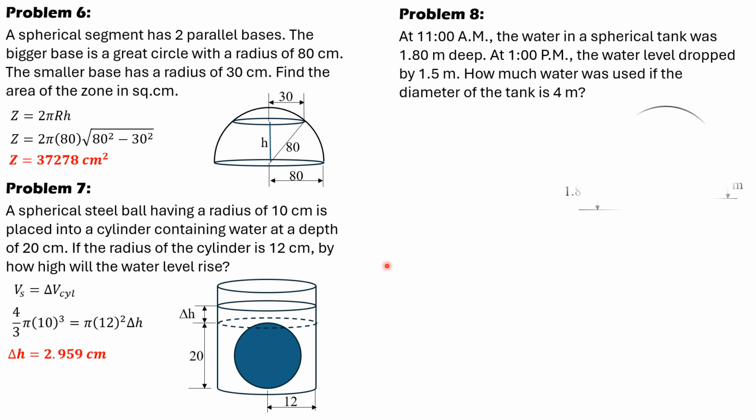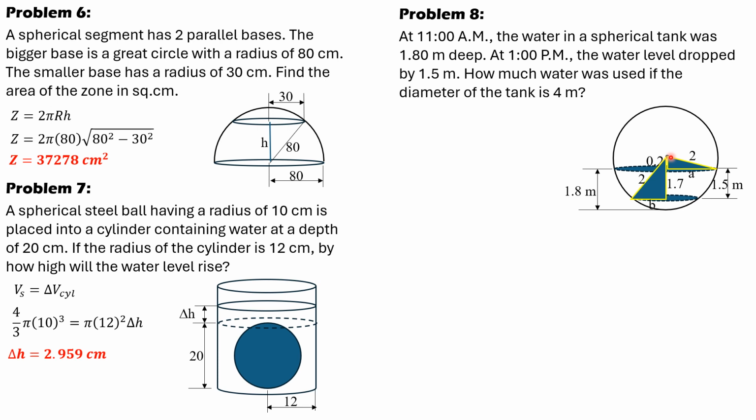So let's have the figure first. This is the situation. So at 11 a.m., this was the level. The water is 1.8 meters deep, and it is below the center because the radius of the sphere is 2 meters.